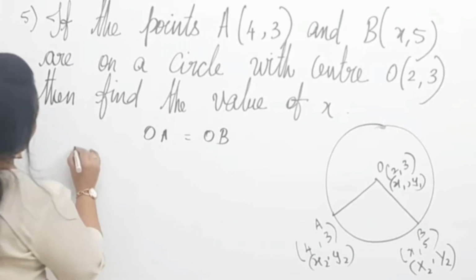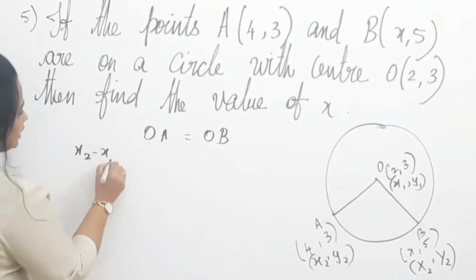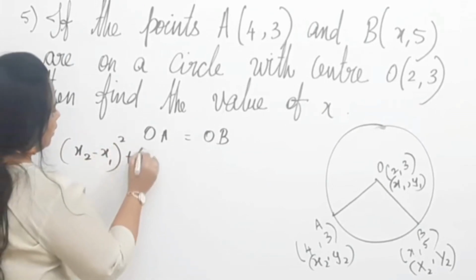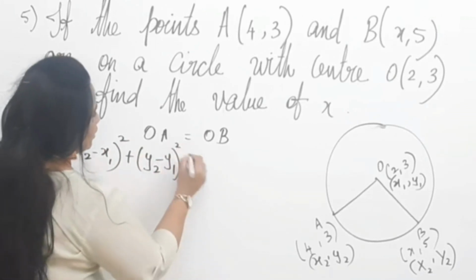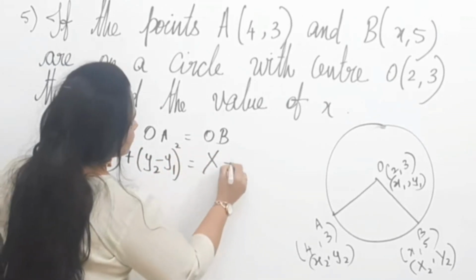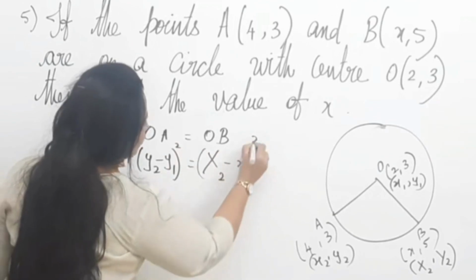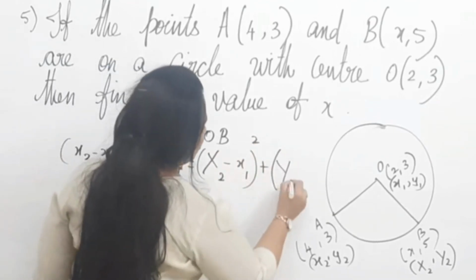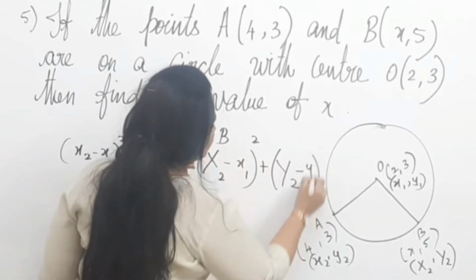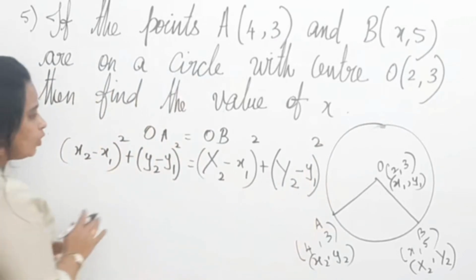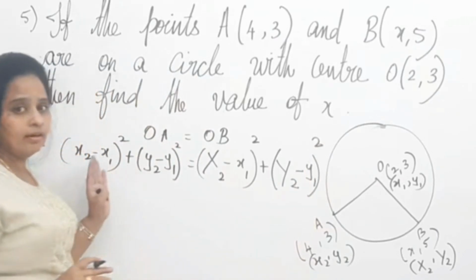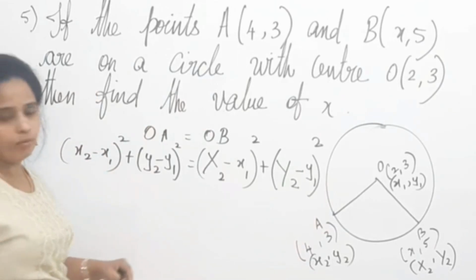So I'm going to write x2 minus x1 the whole square plus y2 minus y1 the whole square is equal to capital X2 minus x1 the whole square plus capital Y2 minus y1 the whole square. Hope everyone gets why I have not taken the square root on both the sides.